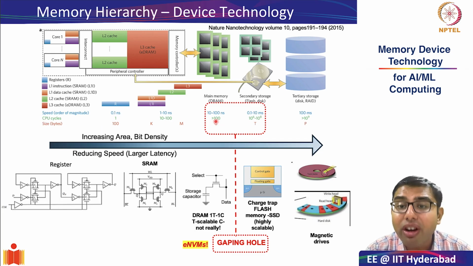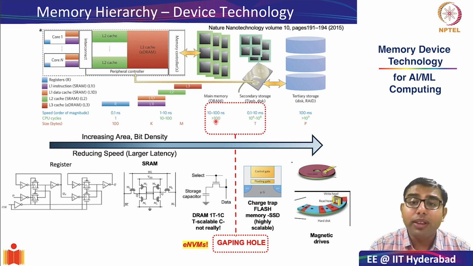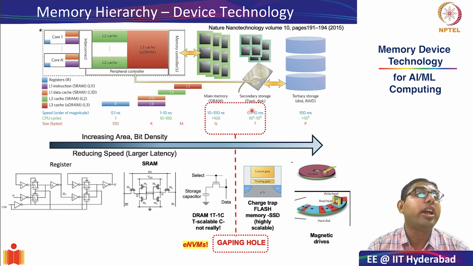Between 100 clock cycles of time that it requires to retrieve data from main memory, that becomes almost 10 to the power of 6, 4 orders of magnitude difference, when you want to access data from the primary storage. This huge gaping hole, the promise is that electronic non-volatile memories will address.